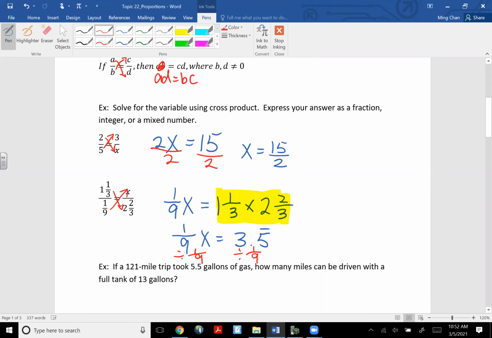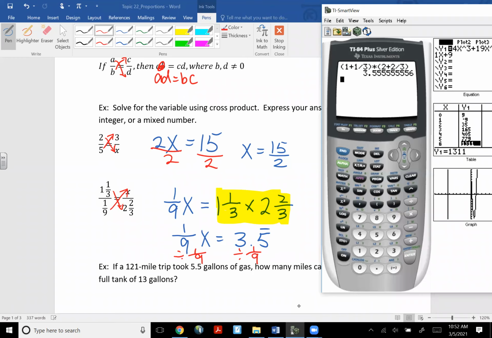So in the calculator, my 3.5 repeating, or whatever this fraction is, is already in the calculator. So all I'm going to do here is press divide. But I need to put 1 over 9 inside the parentheses because the entire 3.5 repeating is dividing by the entire 1 over 9.